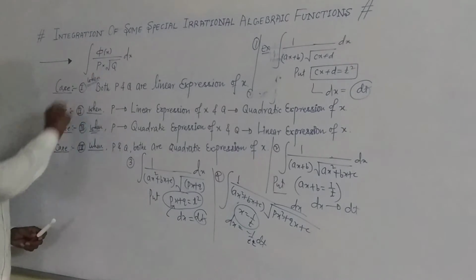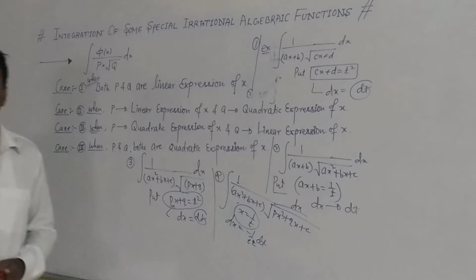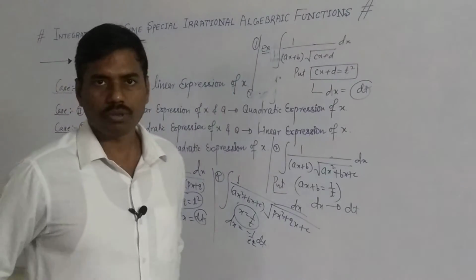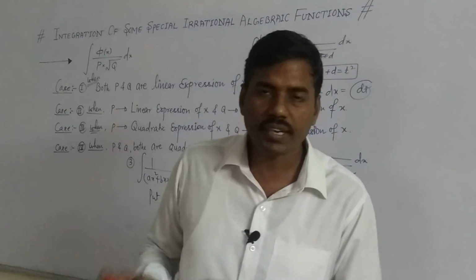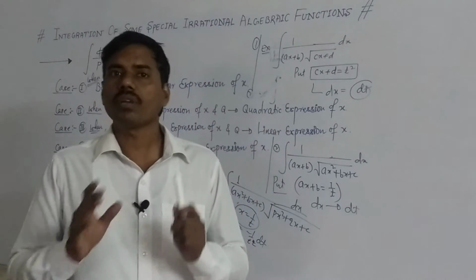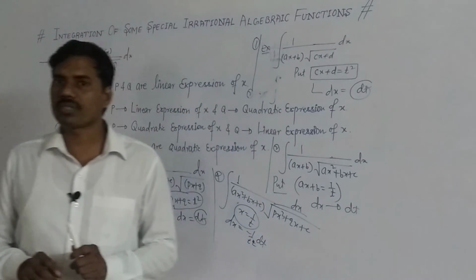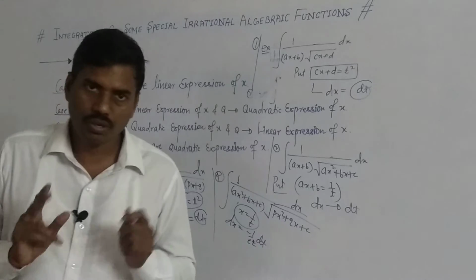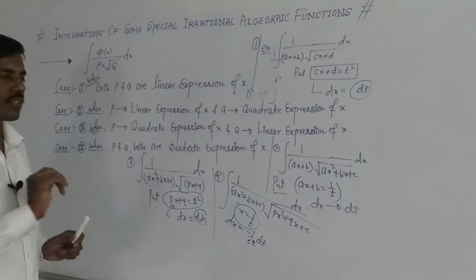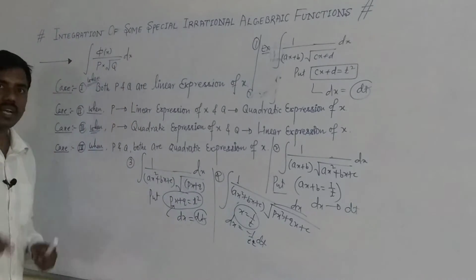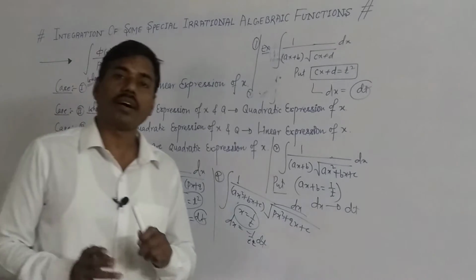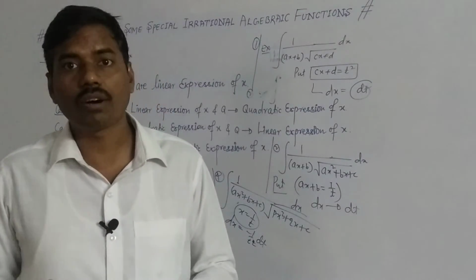Our new type of integral is given as the integration of phi x upon p into under root of q dx, where p and q are two linear or quadratic expressions depending on the situation. So there are 4 cases. Case 1, when both p and q are linear expressions of x.